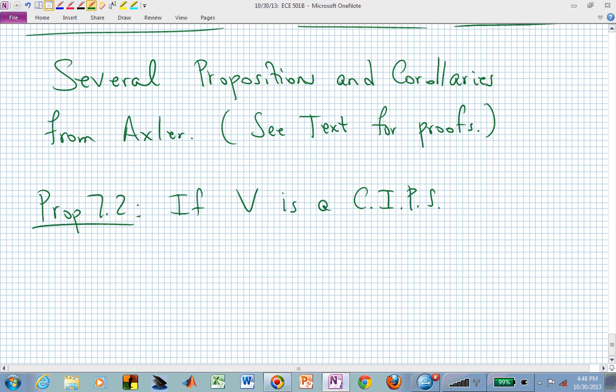And maybe I'll ask you a week from today, why is this not true for a real inner product space?